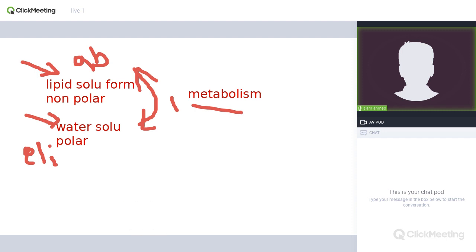This is the most important base that you need to know in regards to the whole pharmacokinetics.